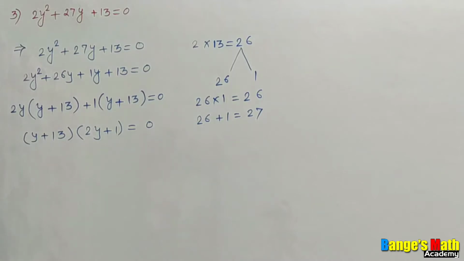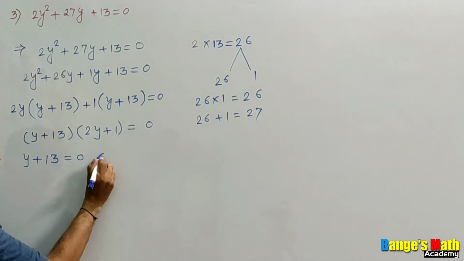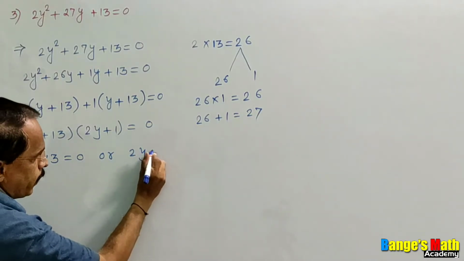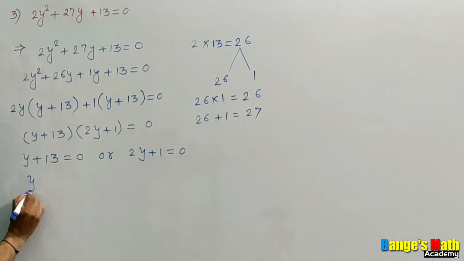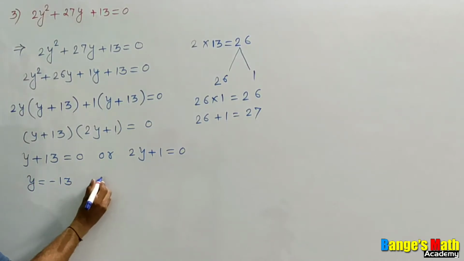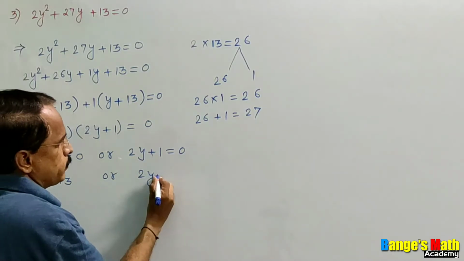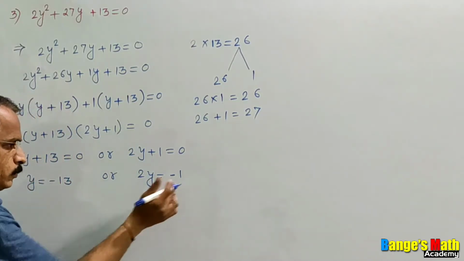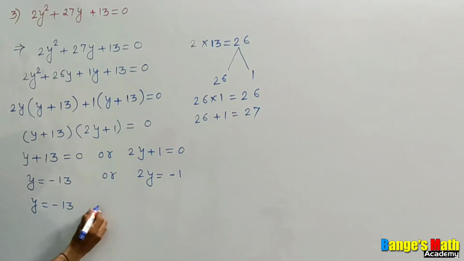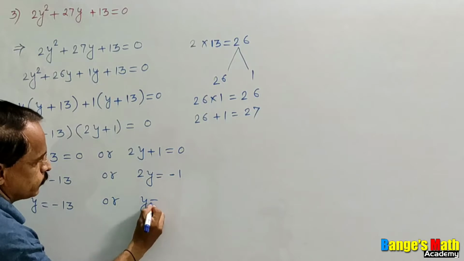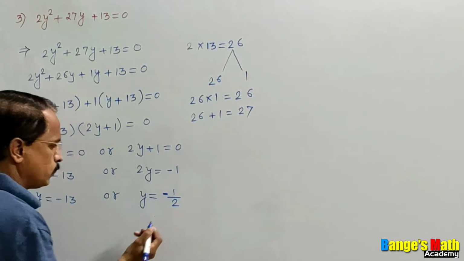Equate each bracket to 0. Y plus 13 is equal to 0 or 2y plus 1 is equal to 0. Then transfer 13. Y is equal to minus 13, or 2y, transfer plus 1 to RHS, it becomes minus, 2y is equal to minus 1. Then y is equal to minus 13 or y is equal to, transfer 2 to RHS, minus 1 upon 2.